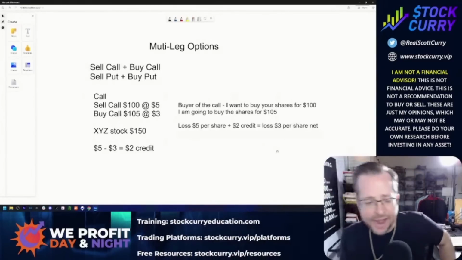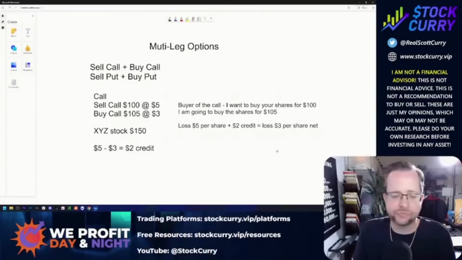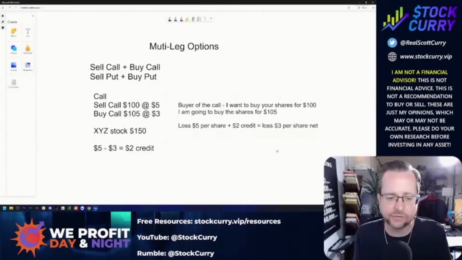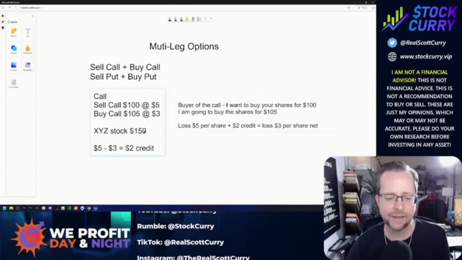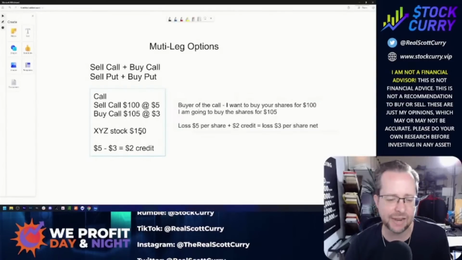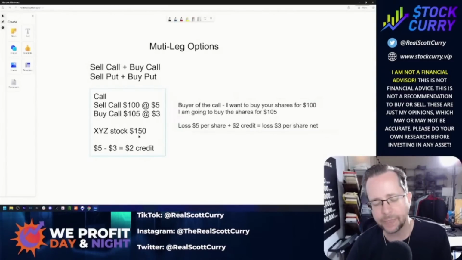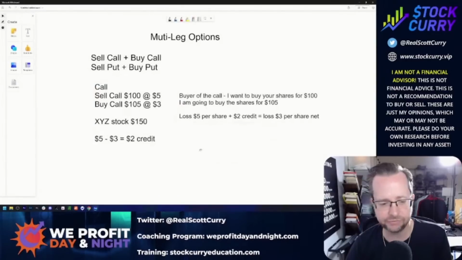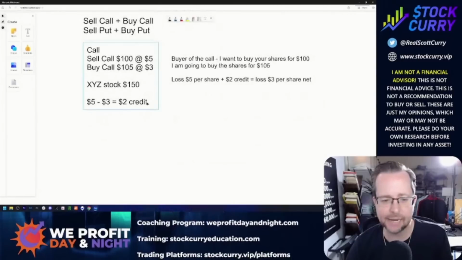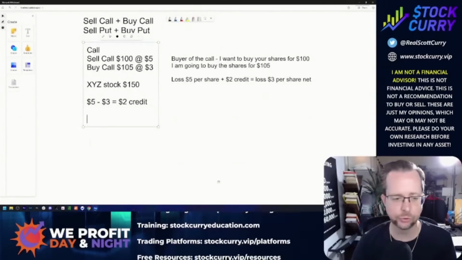What happens if the stock doesn't go on this major rally? Because we know that the stock going up a lot is going to happen pretty rarely. Let's say, for example, that it doesn't go to 150.